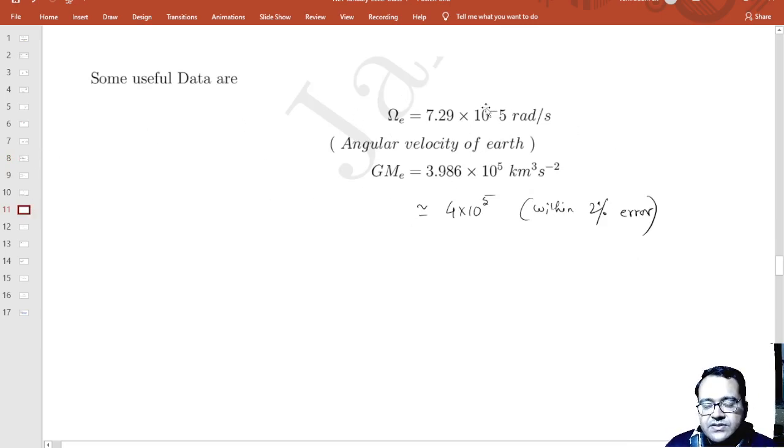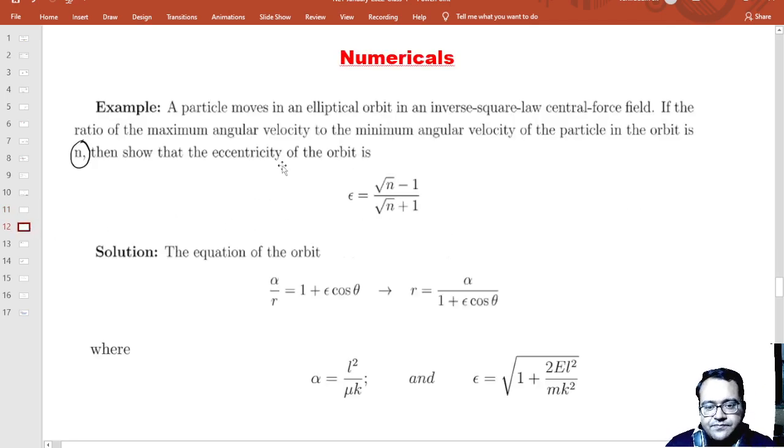You need to always remember that the angular velocity of Earth is around 7.29 into 10 to the power minus 5, and G into the mass of Earth, within 2% error, is approximated as 4 into 10 to the power 5. These are one or two numericals where we will have applications. Let's see what the numericals are.